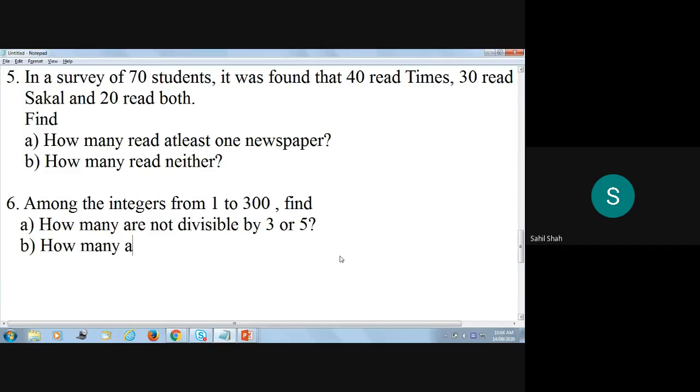How many are divisible by 3, not 5? So let me know the answers of both.